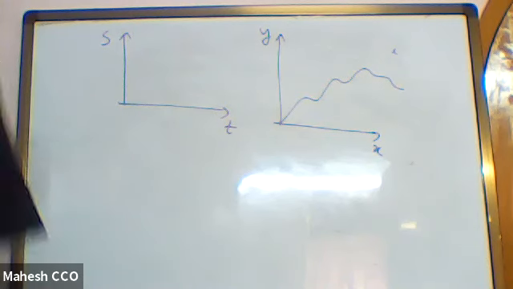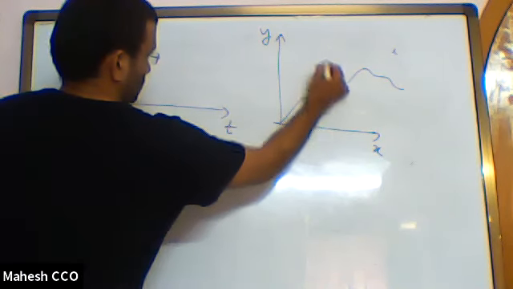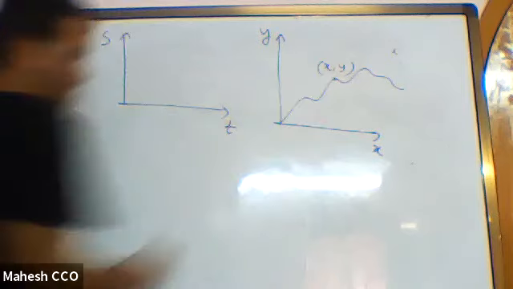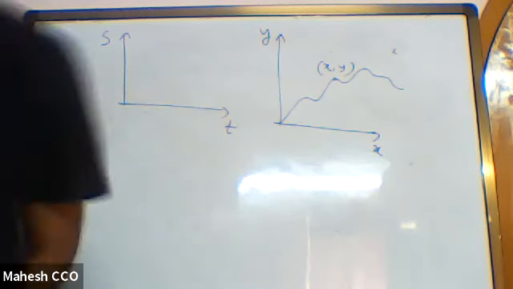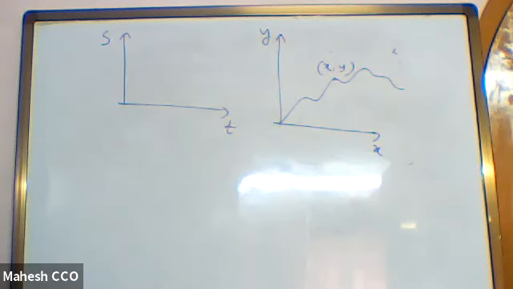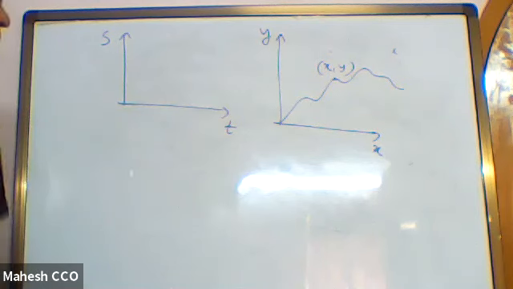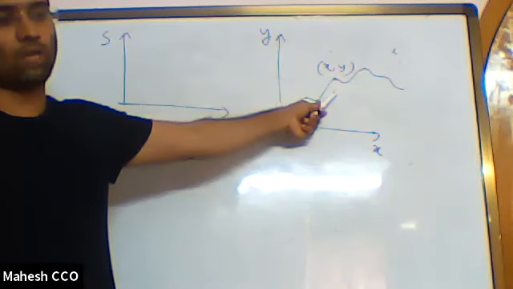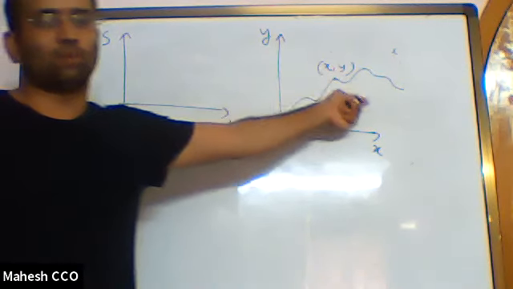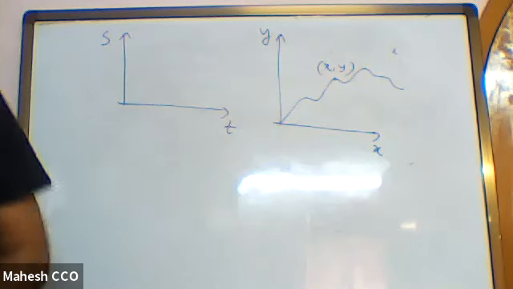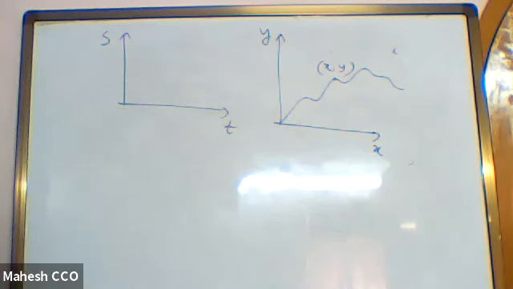Any point here is x comma y. So it is giving you the collection of the positions of the particle over time, but it is not giving you any information at what time it will reach here. It is not giving any information at what time it will be at various points, but it is just giving you that if this is x, this should be y, like that.